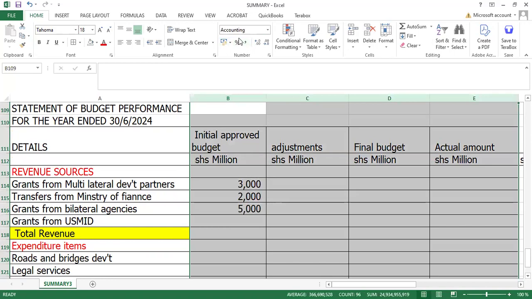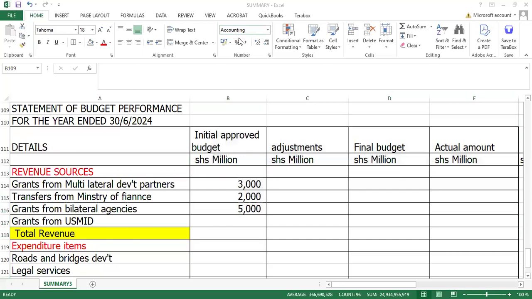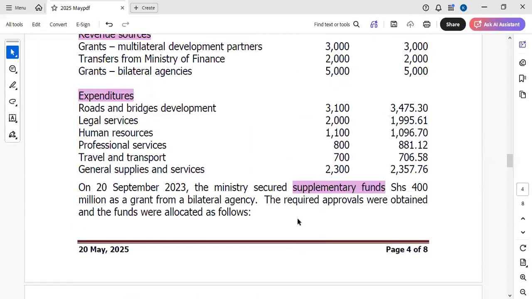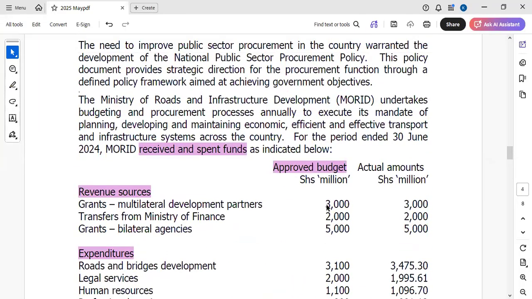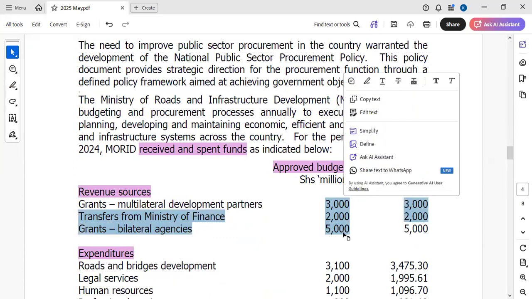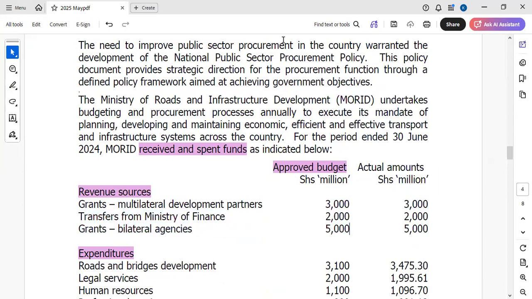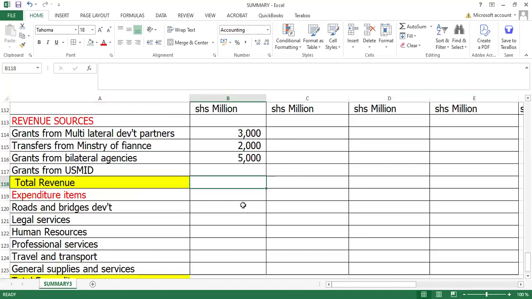This is where I am picking these figures. You just first capture those easy marks. Then here, and then here, here we had nothing. Then total revenue, I can sum up.